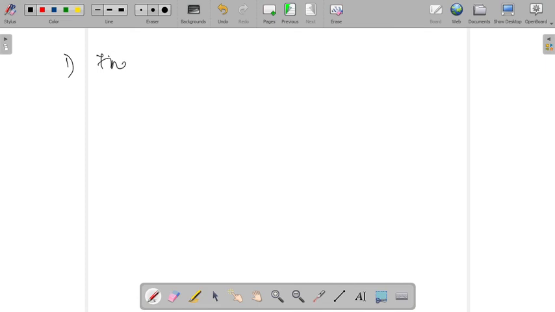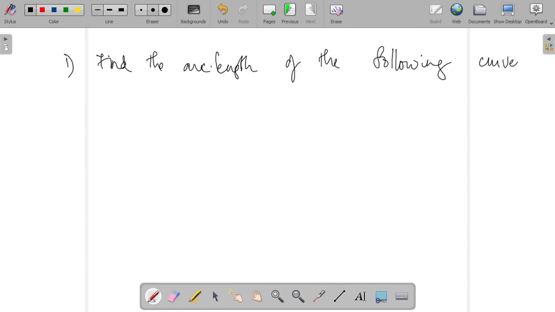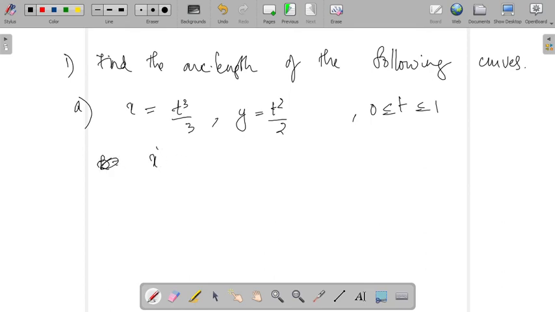So find the arc length of the following curves. Let us see using the parametric representation. So we have x equal to t cube by 3 and y equal to t square by 2, 0 less than or equal to t less than or equal to 1. So let us find x dash of t.